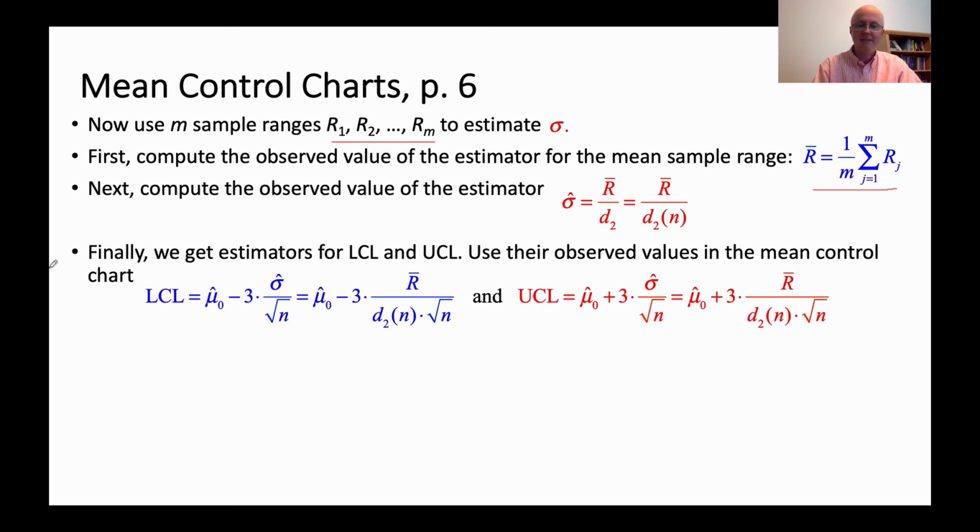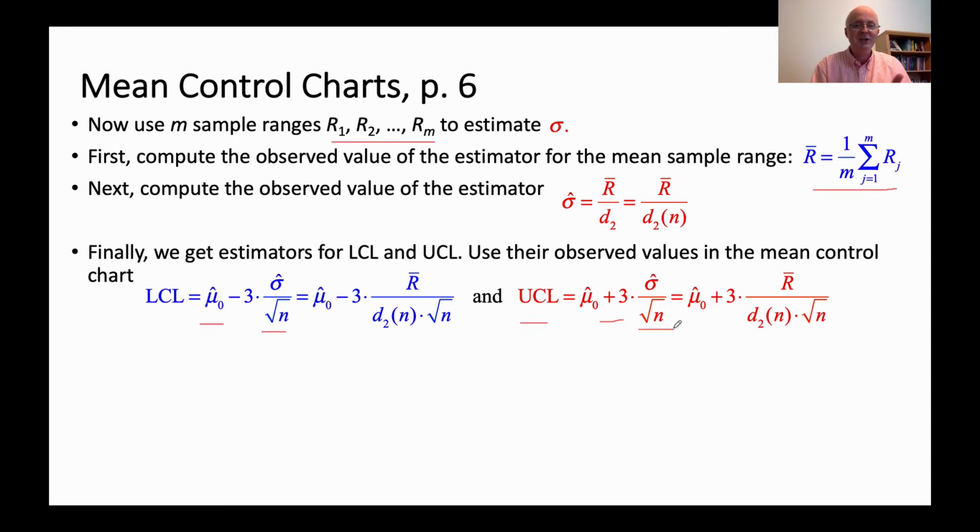We need a point estimator for mu 0 as well, which is mu 0 hat. Minus 3 times your estimator for sigma sub x bar. And for the UCL, we do plus 3 times your estimator for sigma sub x bar.